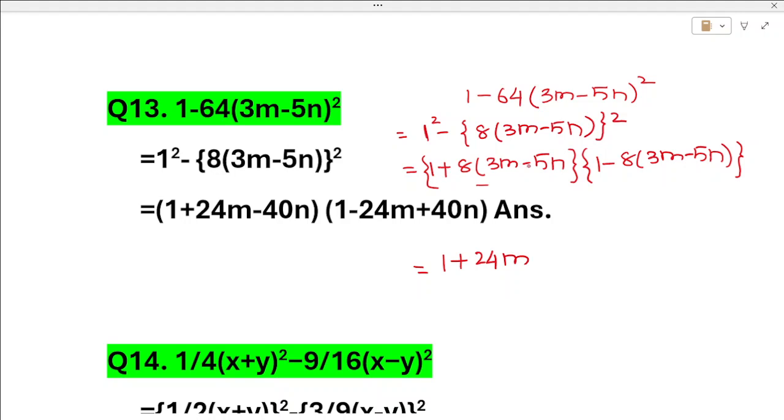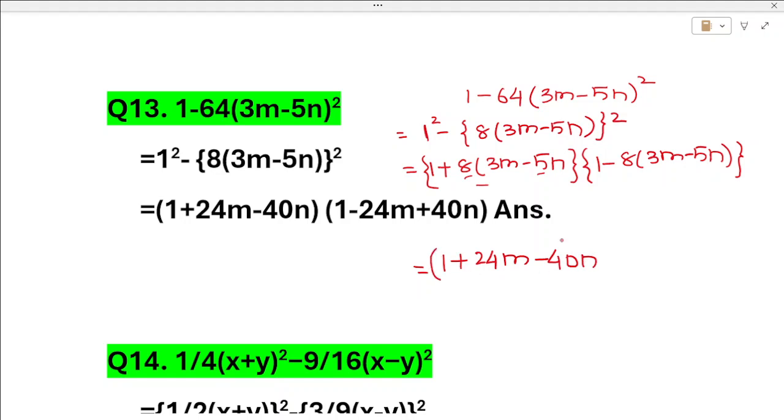This plus multiplied by this minus will become minus, so put minus. Now 8 multiplied by this 5 gets 40. 8 5s are 40n.